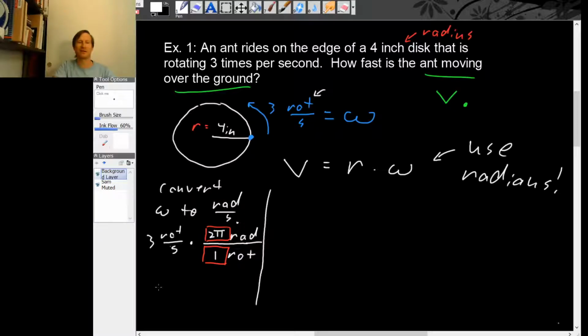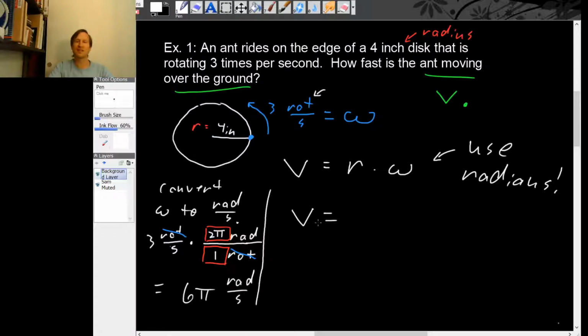All right, so now we can work this out to do our conversion. Notice that the rotation units are gone, and the remaining units are radians per second, just like we wanted. And doing the arithmetic, 3 times 2 pi, that's 6 pi. Okay, so omega is 6 pi radians per second. So now we can use our speed equation.